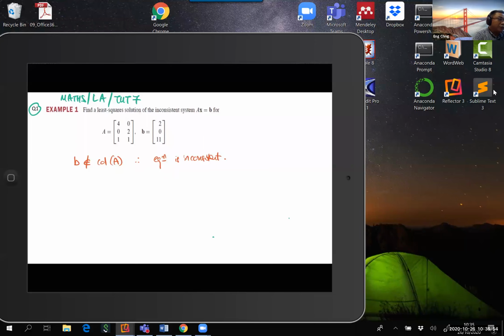Now we are going to find the solution using least squares, and we begin with the equation AX equals B. Actually, to be very pedantic, we shouldn't write AX equals B. We should write AX hat equals B hat. But because most of us are lazy, we just write AX equals B.